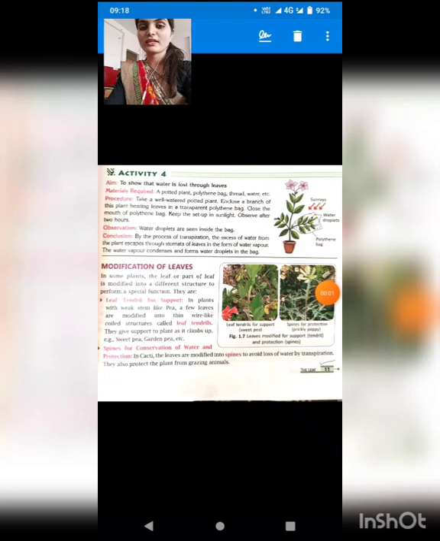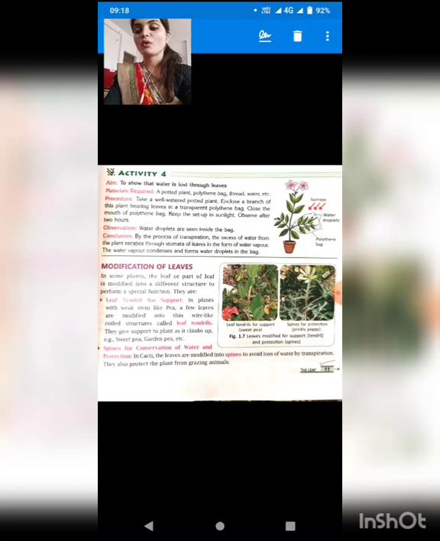Now students, with the help of this diagram on your page number 11, figure 1.7. See the first example I showed you of the tendril, when the leaf gets modified into tendril. See the first picture, leaf tendril for support. This is the example of sweet pea. The second example in the picture is modification of leaves into spine.